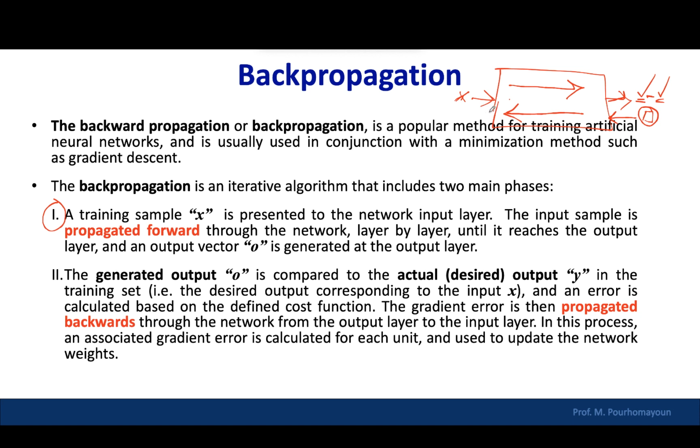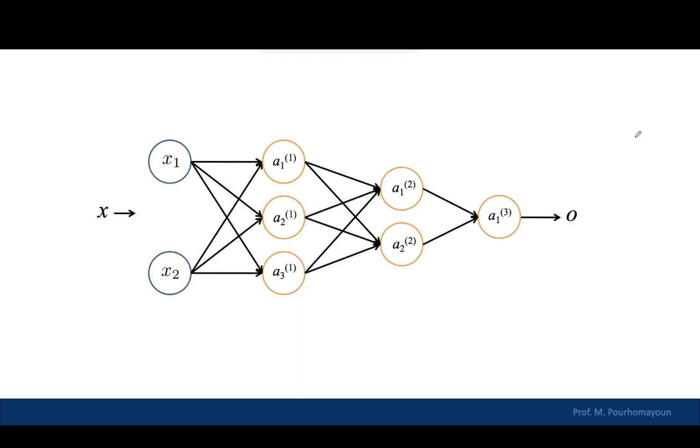Intuitively, the idea is like calculating the error and backpropagating the error into the network to see what the contribution of each weight or each neuron is in creating this error. And based on that contribution, I update the weights.